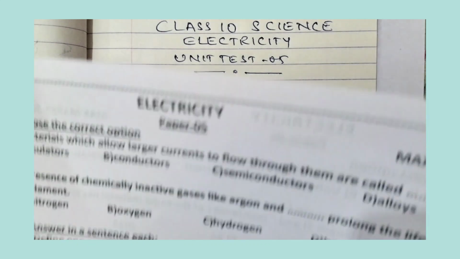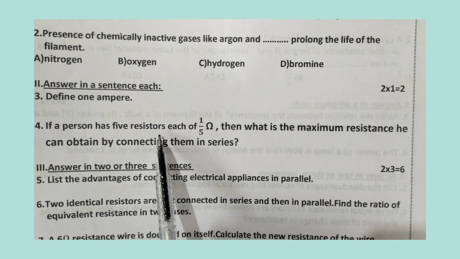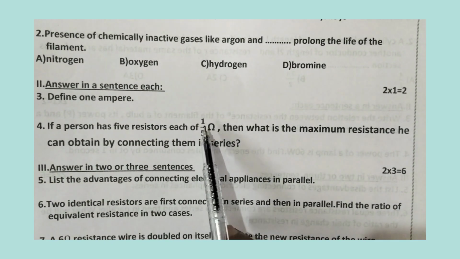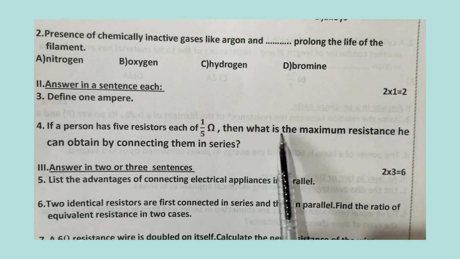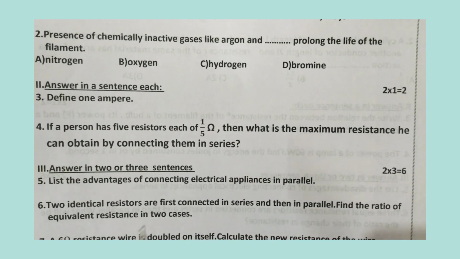Now let us move to question number 4. If a person has 5 resistors each of 1 by 5 ohm, then what is the maximum resistance he can obtain by connecting them in series?